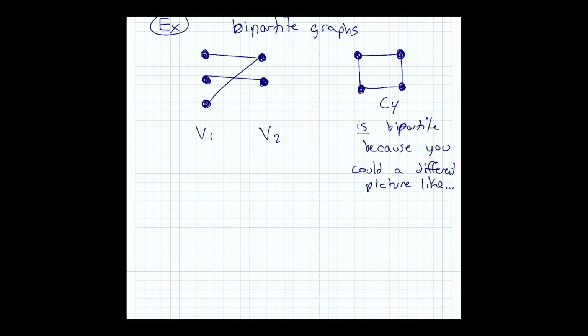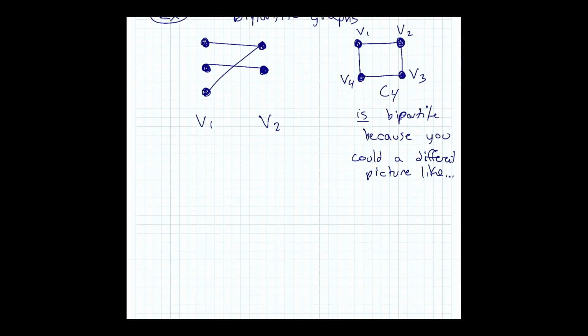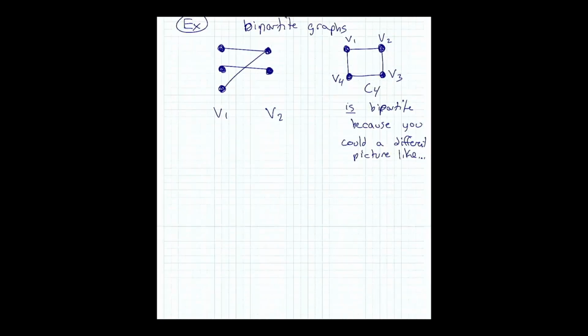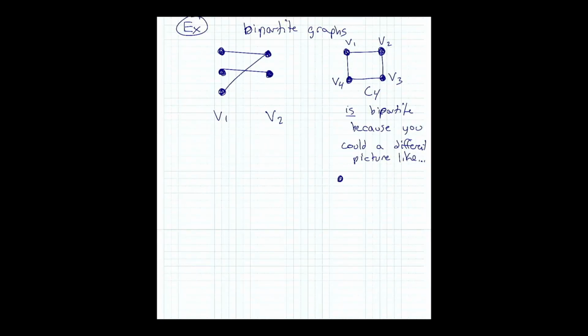We know the vertices are called V1, V2, V3, V4, right? Well, what if you put V1 here and V3 here, and over here you put V2 and V4?